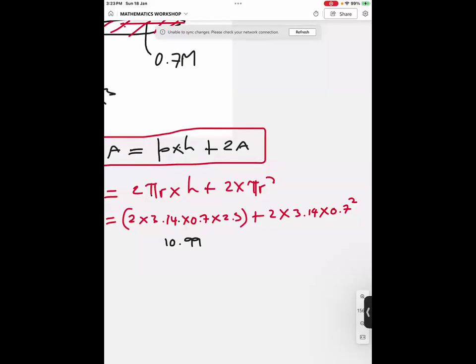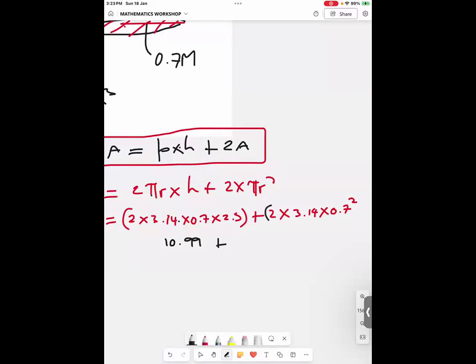All right. And then now we're going to add that to what is 2 times 3.14 times 0.7 squared.